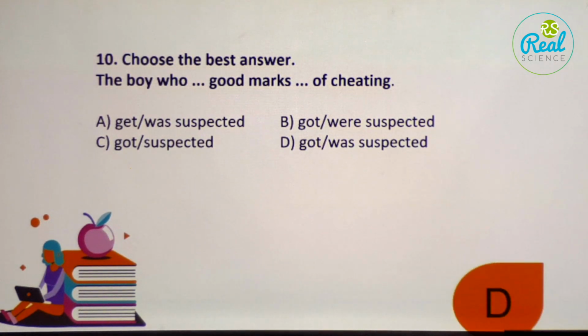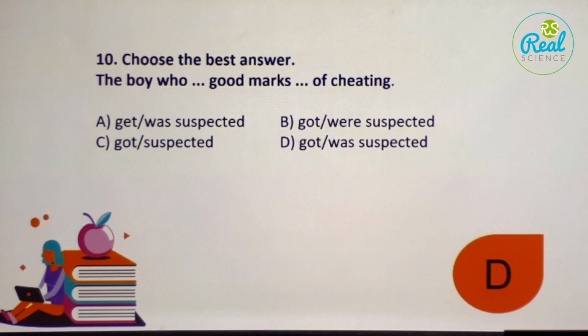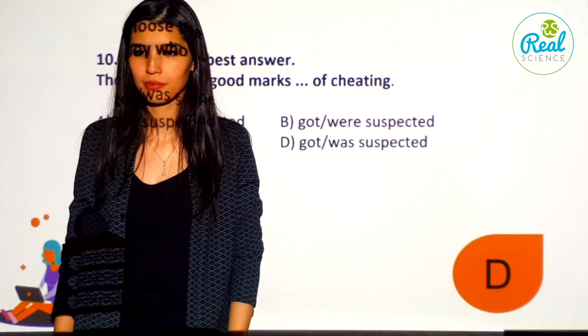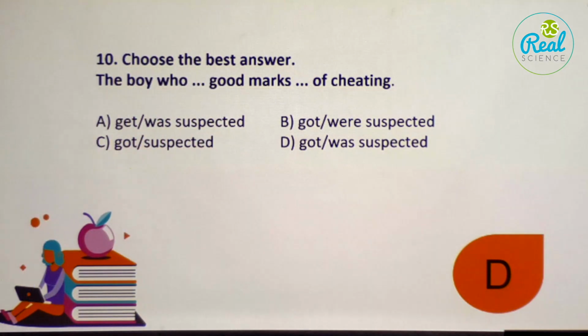The boy was suspected, you mean? Yes, was suspected. The answer is: the boy who got good marks was suspected of cheating. Did you get why the answer is D? Yes. Now I felt like we were having some discussion, so I thought you disagreed.